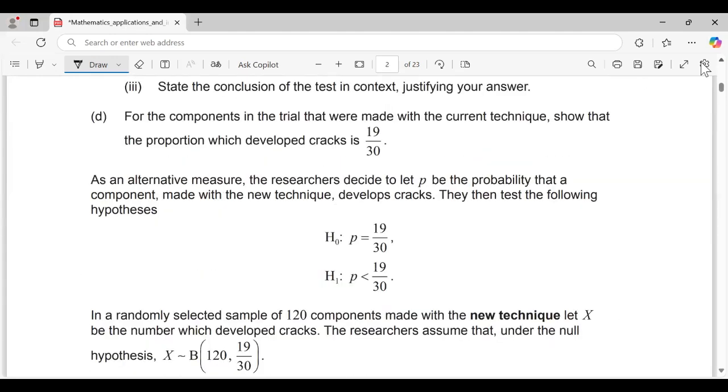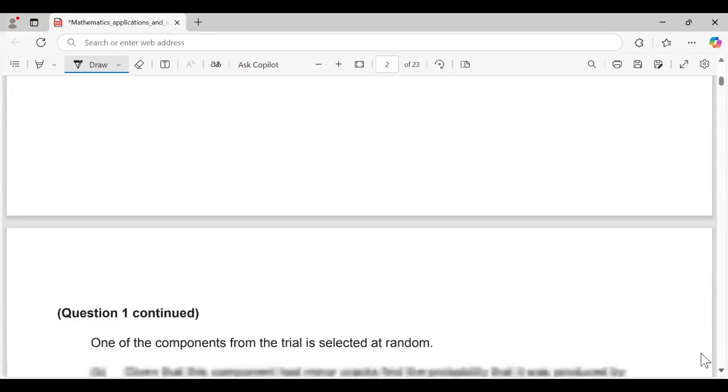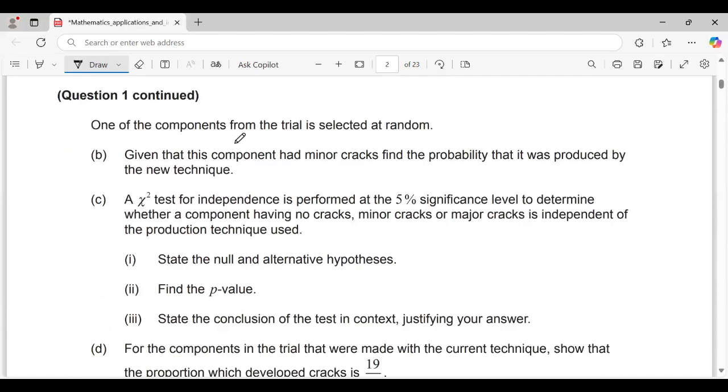Next question. Oh, this one. Part B. One of the components from the trial is selected at random. Given that this component had minor cracks, find the probability that it was produced by the new technique.